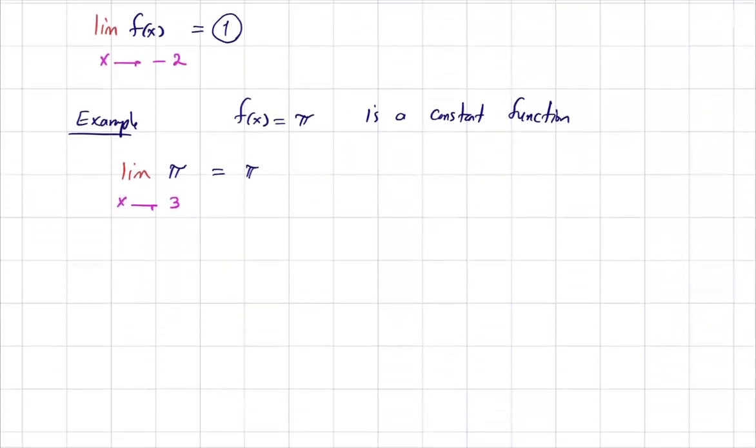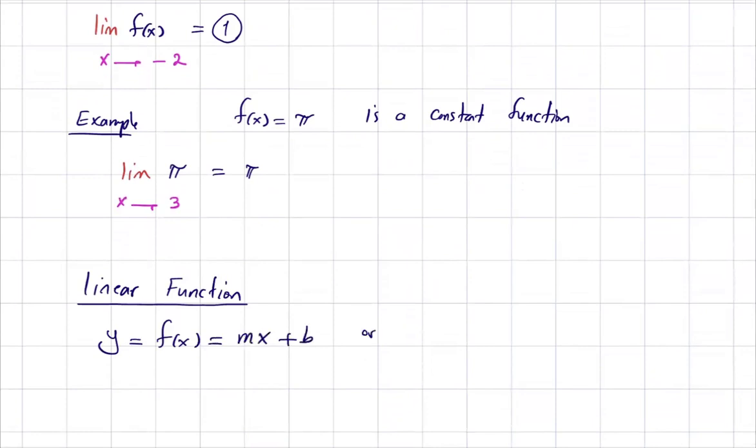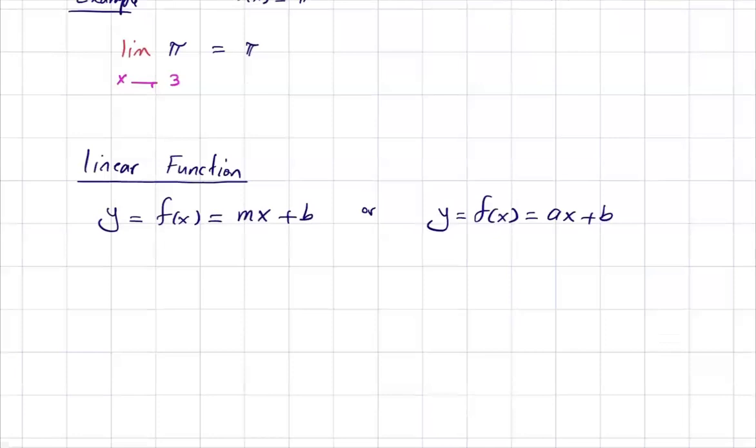What if you have a linear function? For linear function, the function y is equal to f of x, which is mx plus b, or f of x equals ax plus b. If the slope is positive, the graph is increasing.